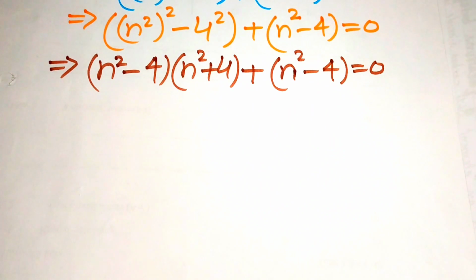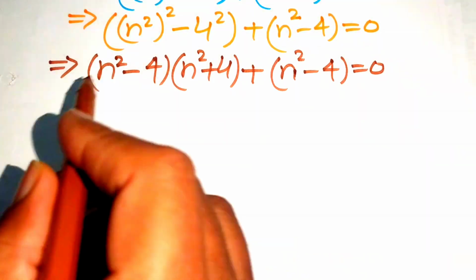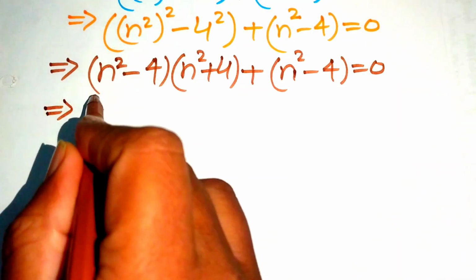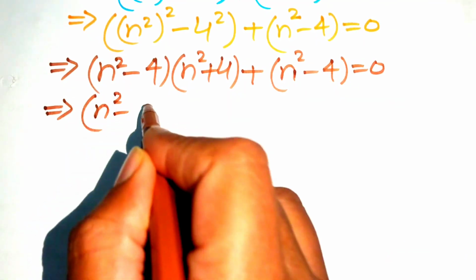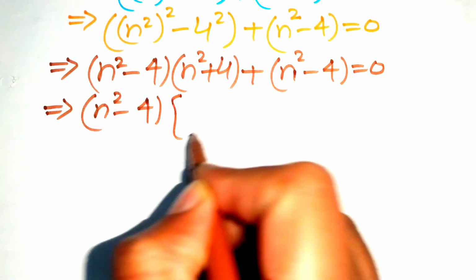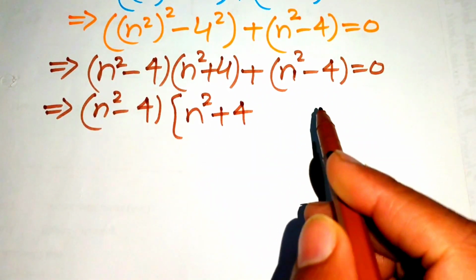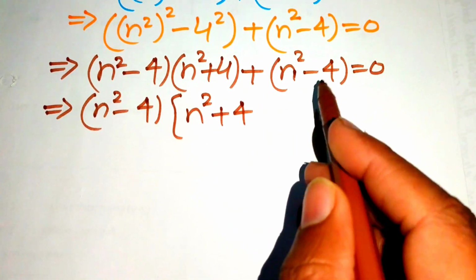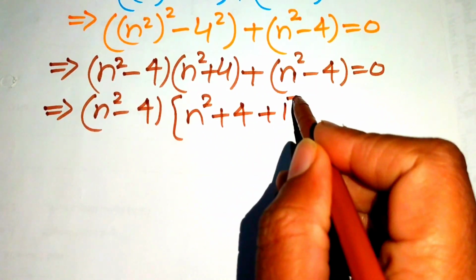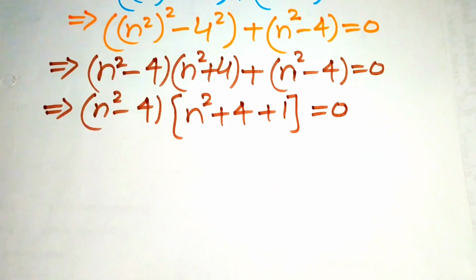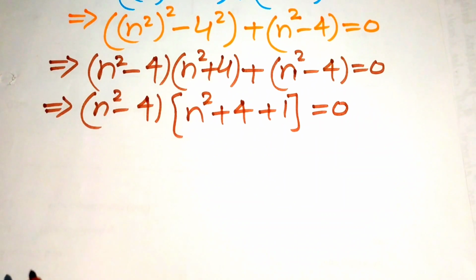Now you see that in both terms n square minus 4 is the common factor. So we take it common, n square minus 4, and we get n square plus 4, and in the other term you get only plus 1, and it is whole equals 0.